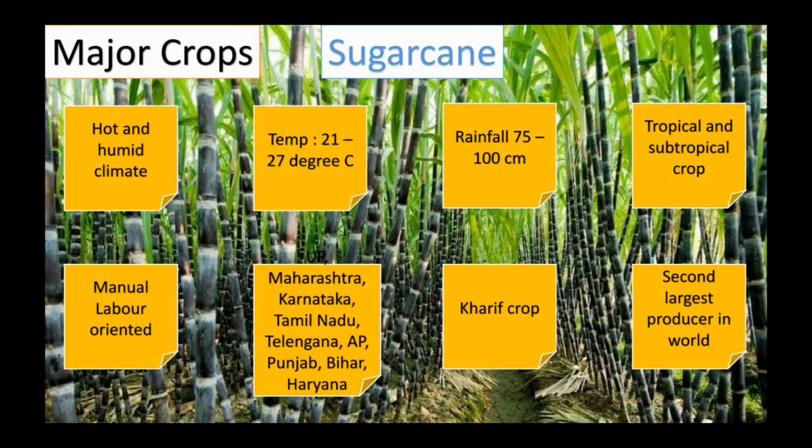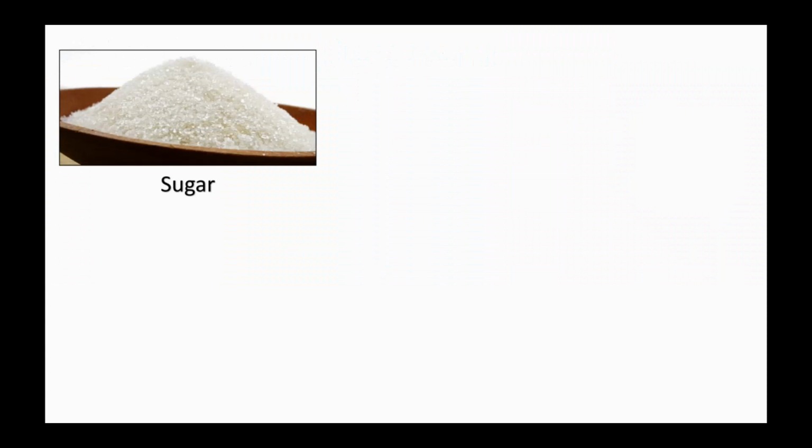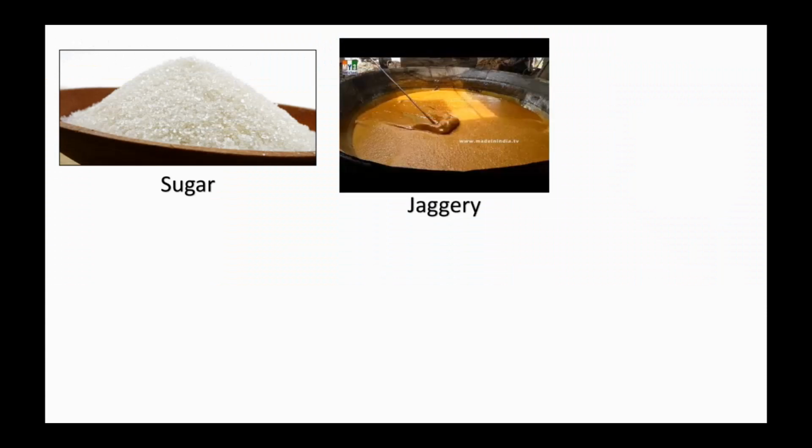Now see the products that come from the sugarcane. Mainly sugar, that all of you know, well known. Next comes jaggery. What is jaggery? It is a traditional cane sugar, which is a concentrated product of cane juice, also called gur.